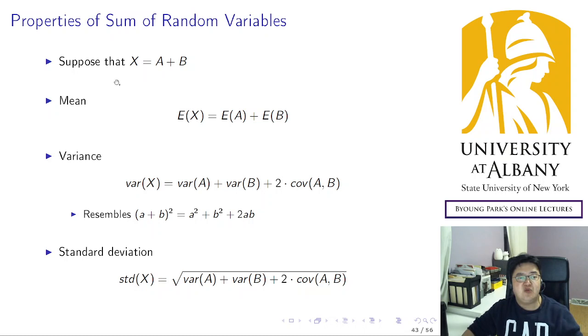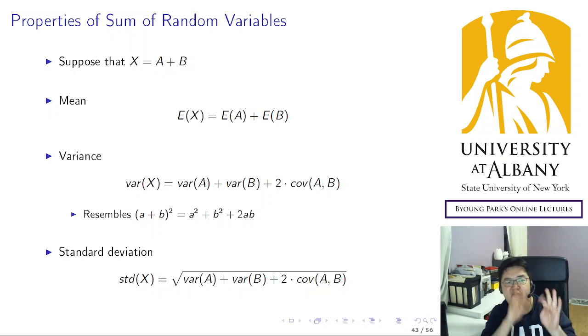First, we will consider adding A and B and make up a new random variable X. By the way, in earlier chapters, like in the last lecture in chapter 3, 4, and 11, when we learned mean, standard deviation, variance, covariance, and correlation coefficient, we considered what happens when you linearly transform a random variable into another random variable.